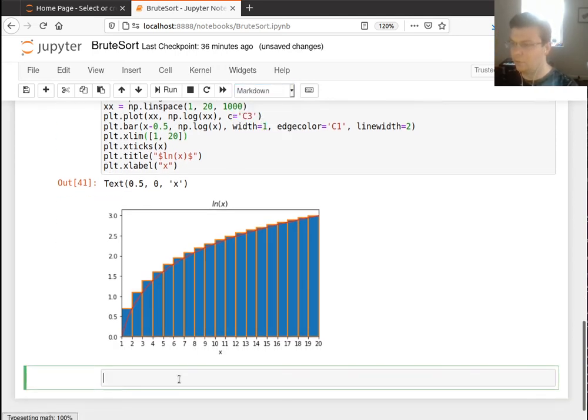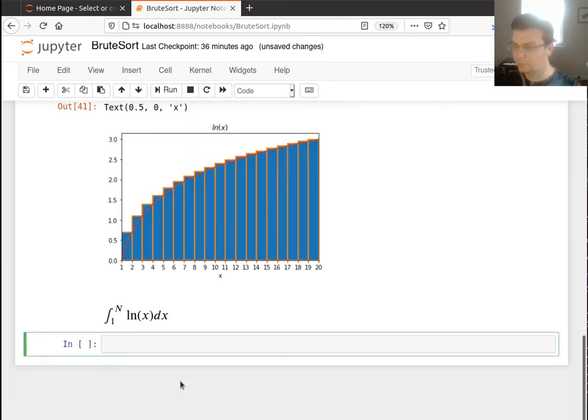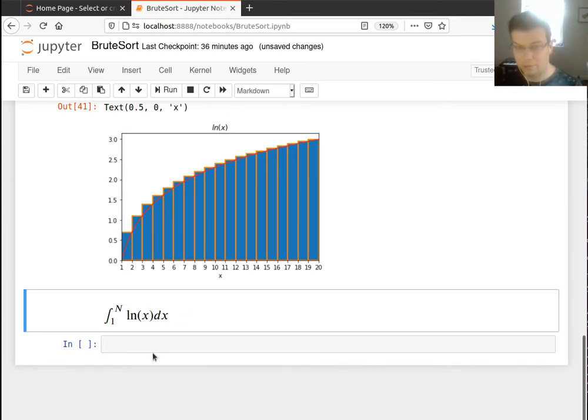So the integral of this curve is the integral from 1 up to n of natural log of x dx. Now, if you remember your fundamental theorem of calculus, we can find the antiderivative of this and then evaluate it at two places.